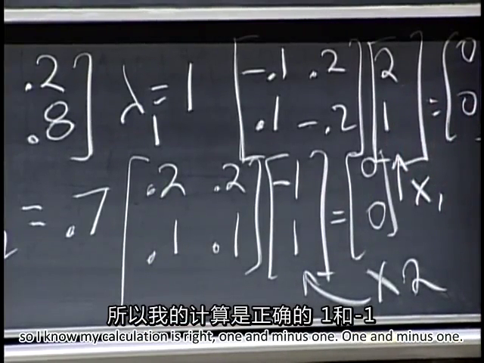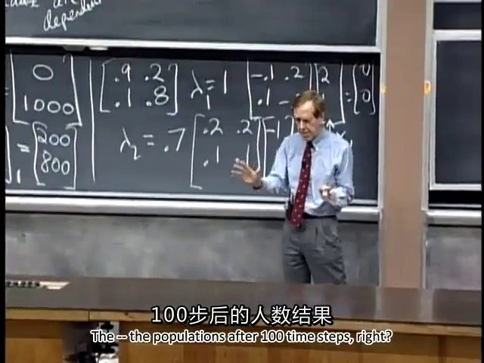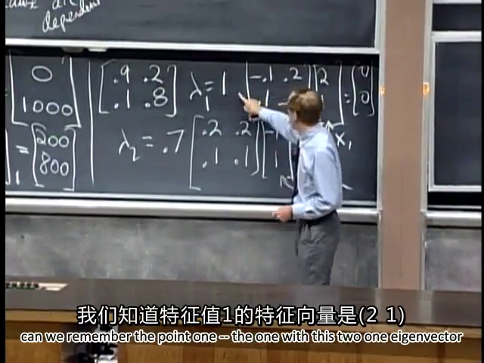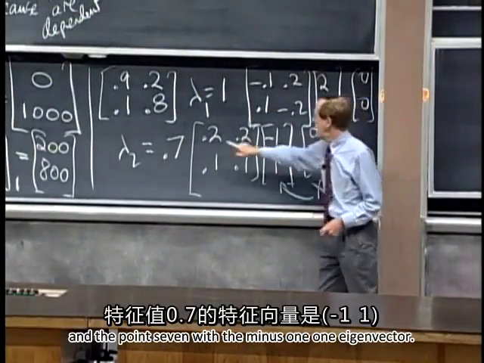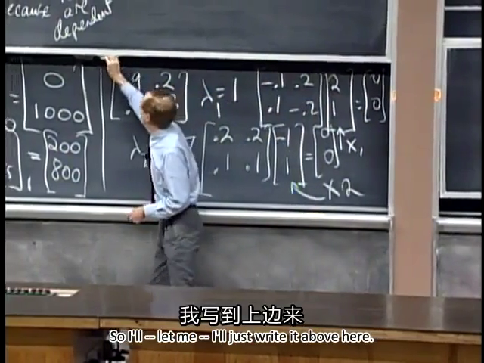1 and minus 1. So I'm prepared now to write down the solution, the populations after 100 time steps, right? Can we remember the 1 goes with this 2, 1 eigenvector, and the 0.7 with the minus 1, 1 eigenvector? So I'll just write it above here.